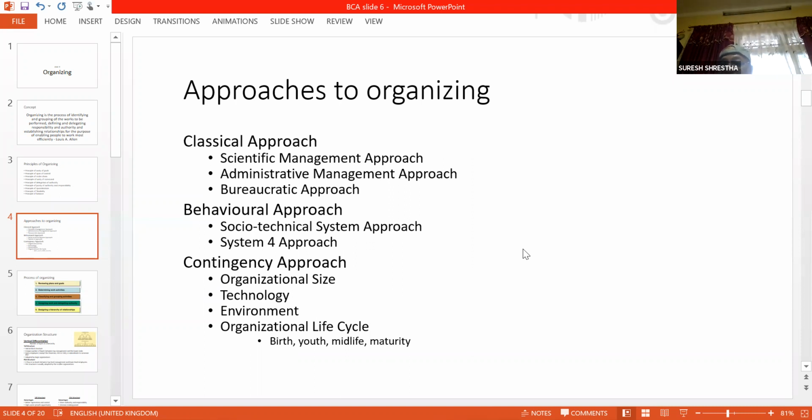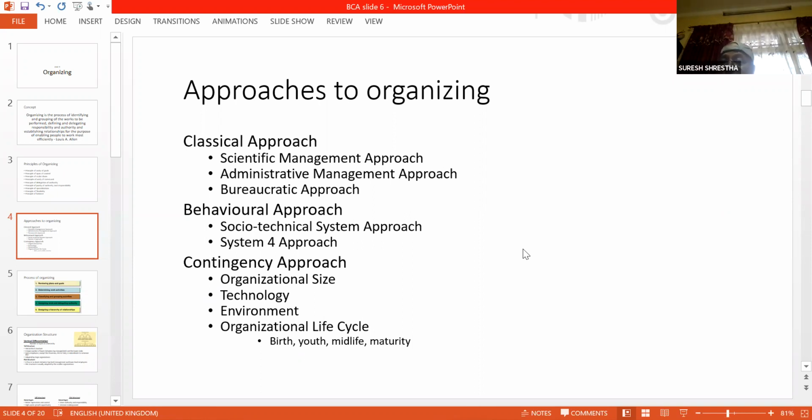Contingency also depends upon the technology. Your organization structure will depend upon the technology that you use. For example, if you are using very primitive technology where there is not much machine intervention, and people have to work manually, there will be a different kind of organization structure. If everything is automated, there will be a different kind of organization structure.